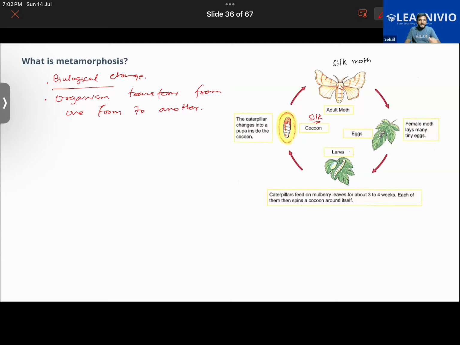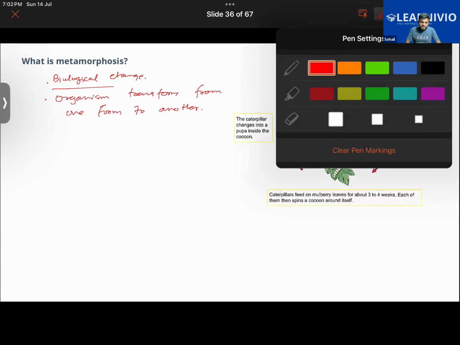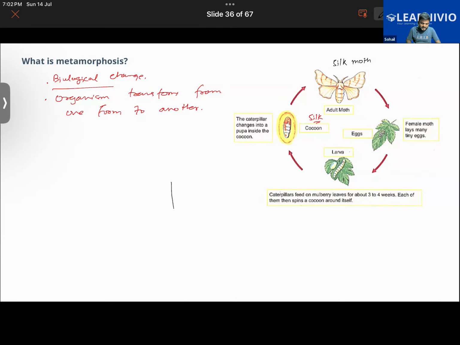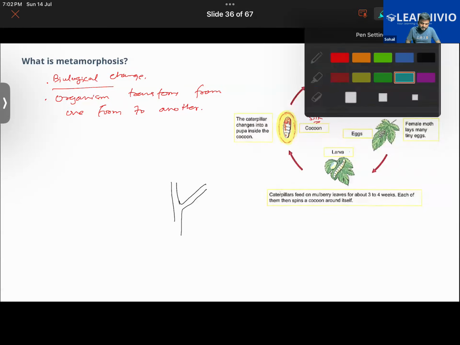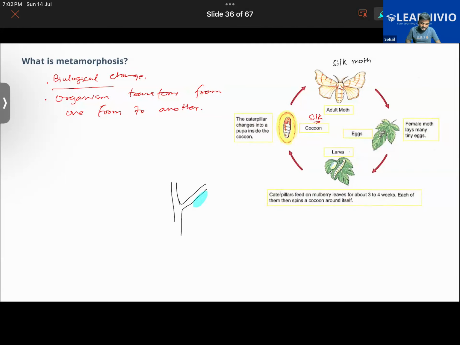So basically it helps it to stay alive, right? Otherwise it might be eaten by some other organisms. So in order to stay alive, it will form a cocoon, and you would have seen that this cocoon is attached to some twigs like this.